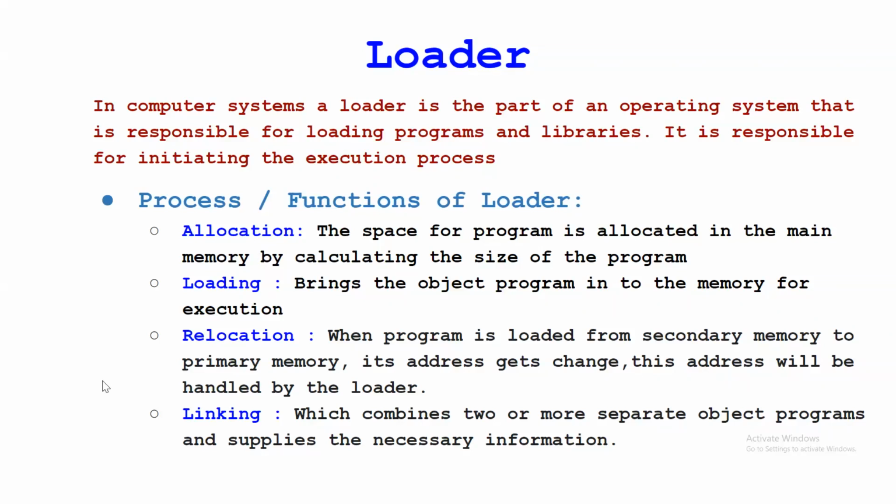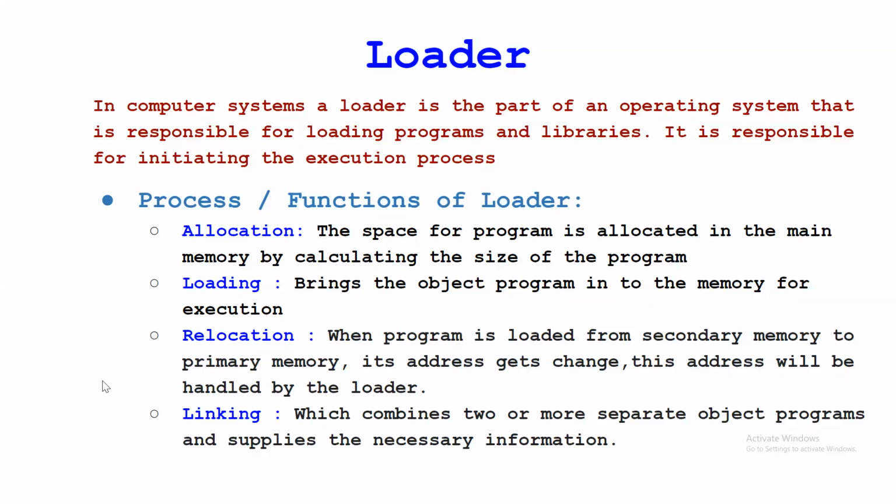The few functions of the loader are allocation, loading, relocation, and linking. Allocation is what? Space for the program is allocated in the main memory by calculating the size of the program. Whatever is the size of your original program will be calculated, and that much memory is reserved. Loading brings the object program into the memory for execution.